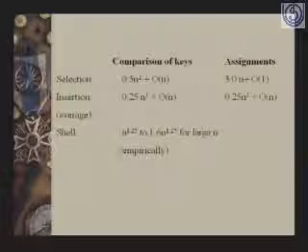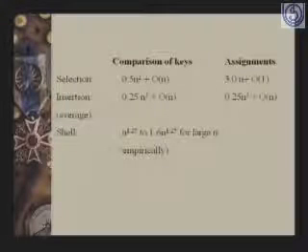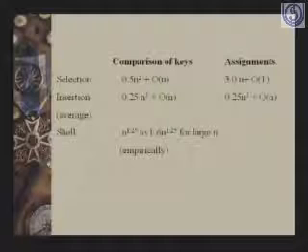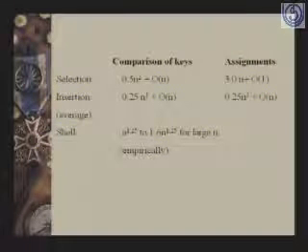And as I mentioned, time taken by an algorithm is of two types: comparison of keys and time consumed in assignments. If n is the number of elements in the list to be sorted, then selection sort takes roughly half n square time in comparison, and 3 times the length of the list for assignments.